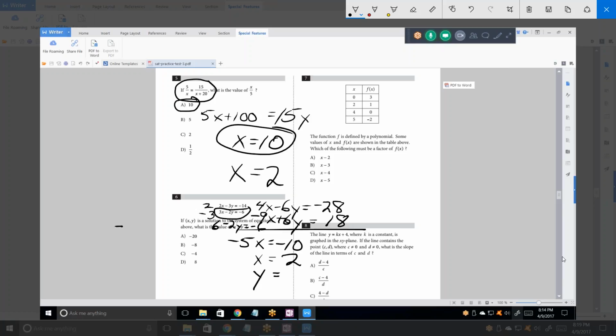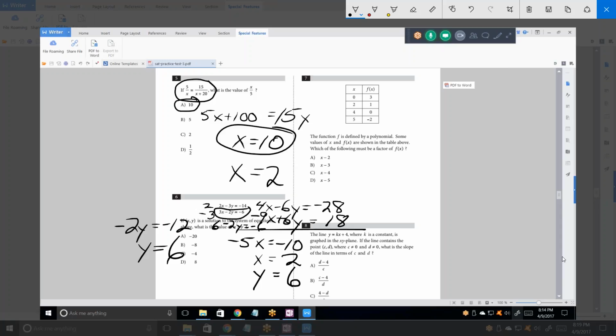So we got minus 2y equals minus 12, y equals positive 6. What's x minus y? It would be 2 minus 6, so minus 4.